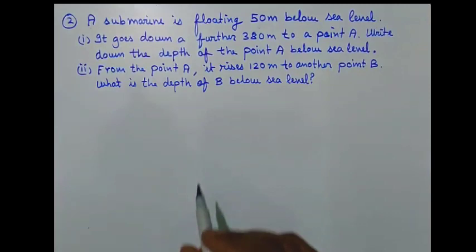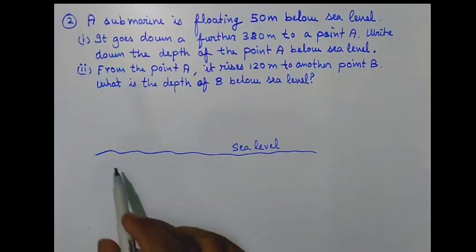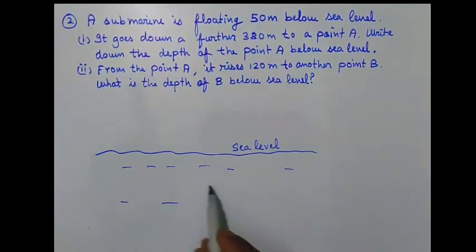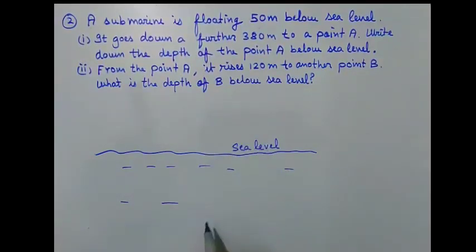Okay, let's look at a diagram. So consider this the sea level. Let's say this is the sea and this is below the sea and this is above the sea.